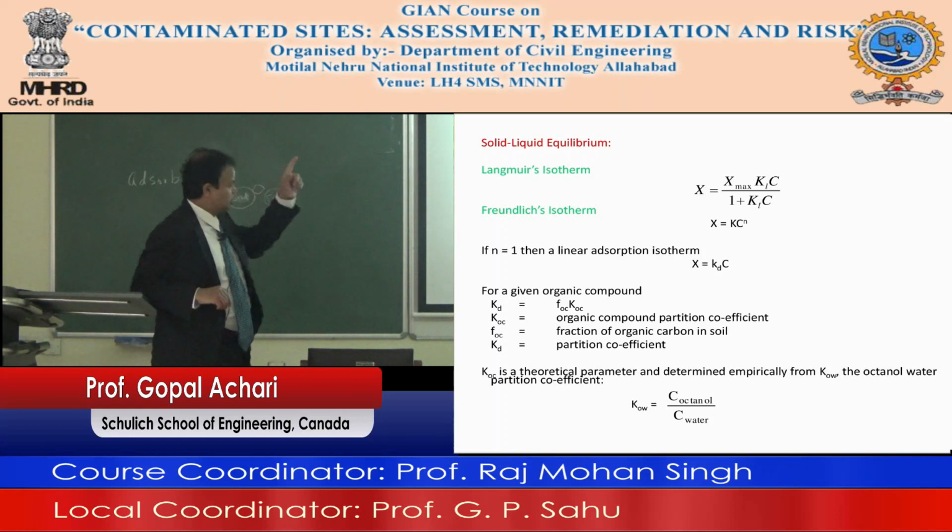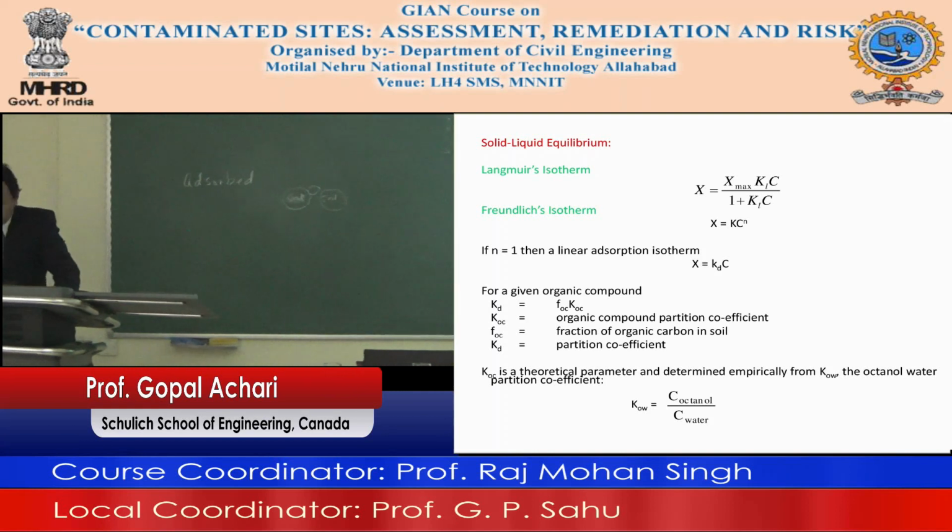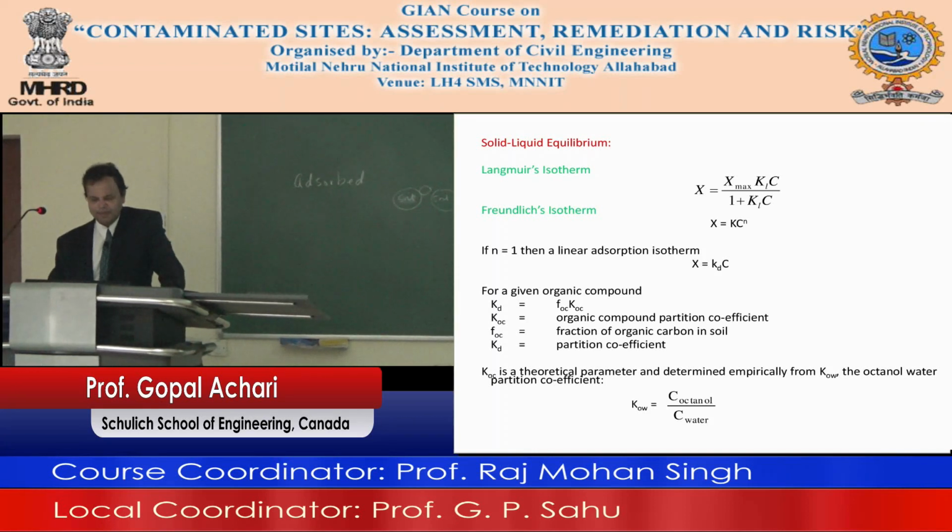The Langmuir's isotherm is that equation on the top. The amount adsorbed is equal to the maximum amount that can be adsorbed multiplied by a Langmuir's constant called KL times C, which is the concentration, divided by 1 plus KL times C. Okay? That is the Langmuir's isotherm based on Langmuir's philosophy that there is a maximum that it can adsorb.